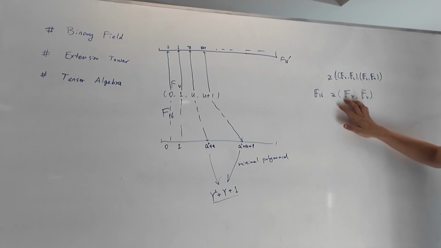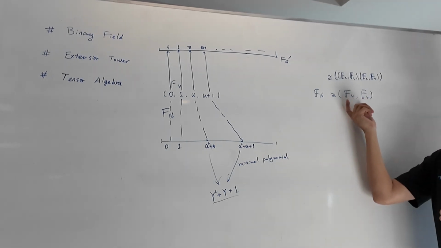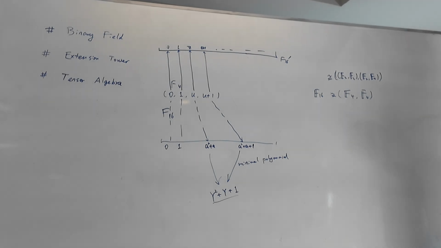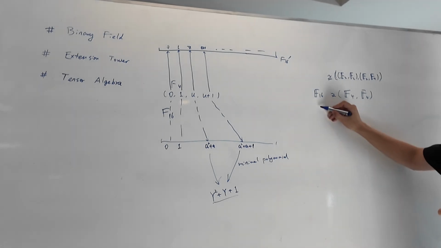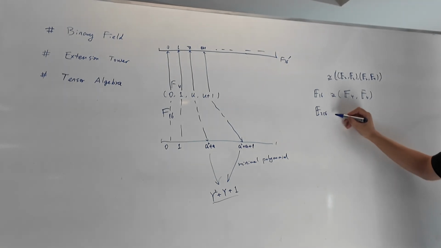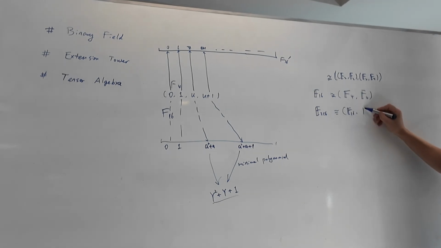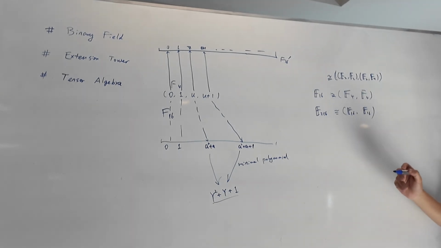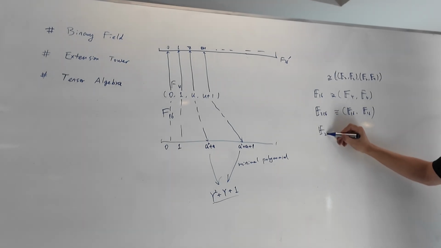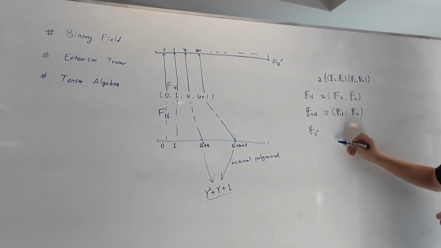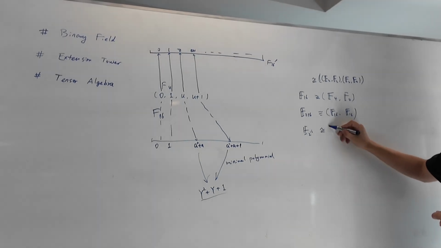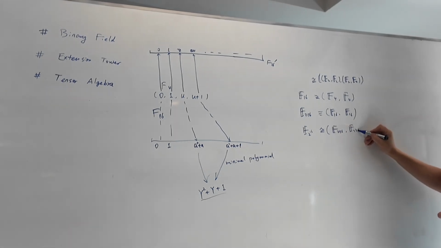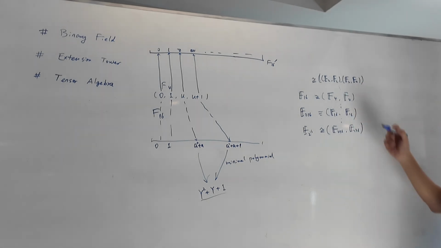Naturally, F4 is the first component and second component of this. And then we can build the extension tower, like F16 and so on.